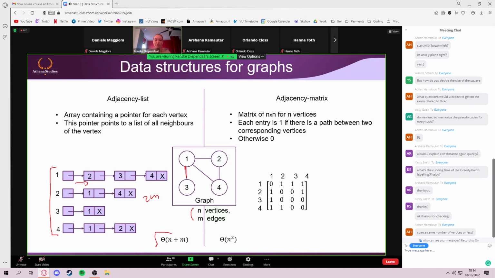So this edge between 1 and 3 is what we have over here and here. But this is the same edge that we have over here. So technically it's 2m, but the 2 falls out. So this is a space complexity of n plus m. And then what we have over here, we need to store n times n entries in the matrix. This is a space complexity of n squared.